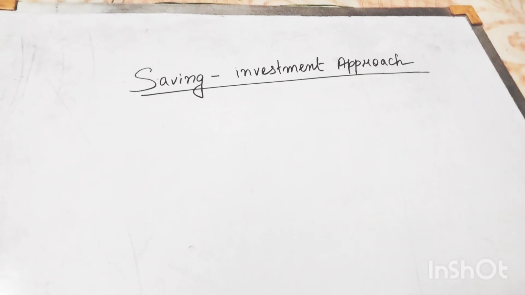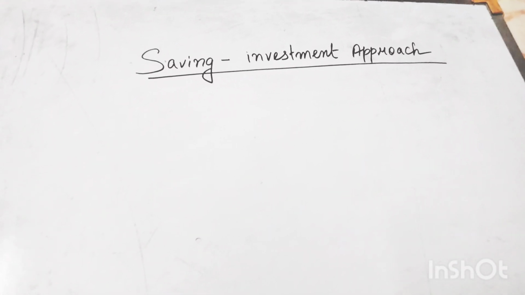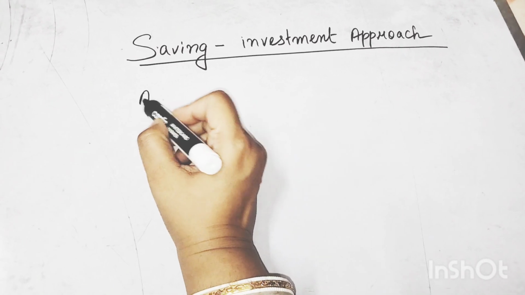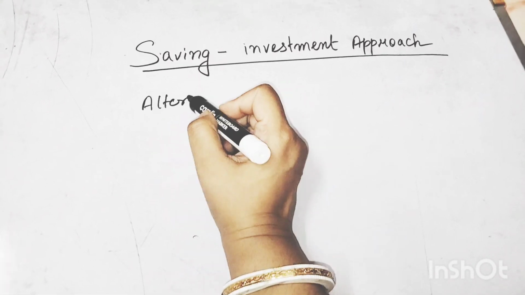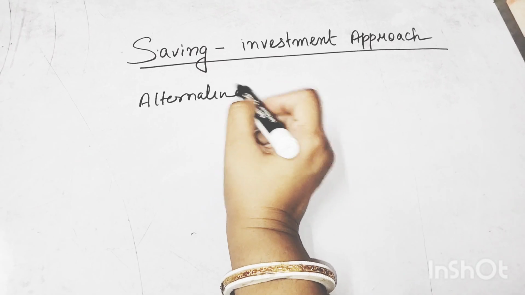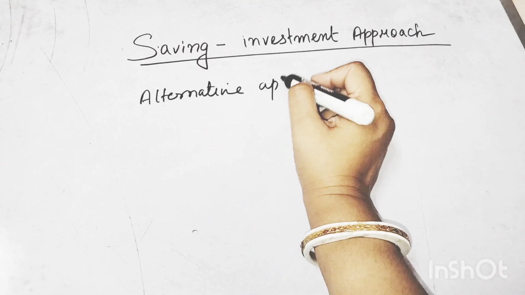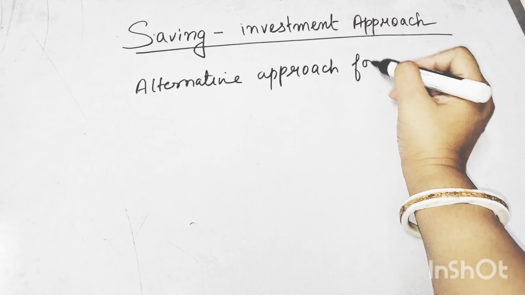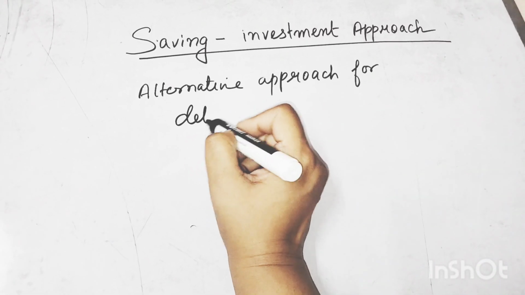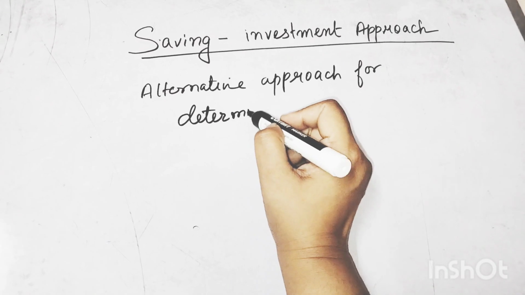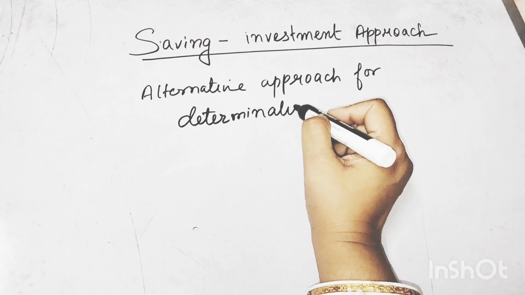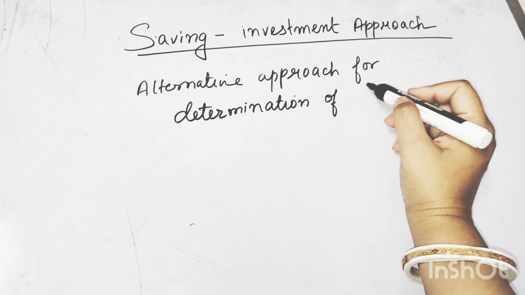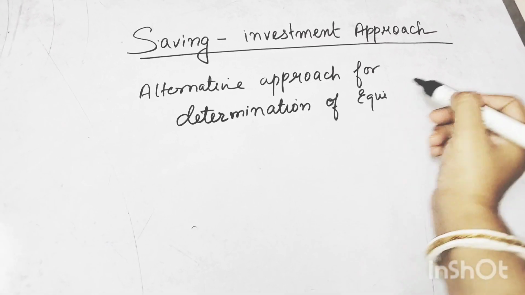Okay, so what is this saving investment approach? This is another alternative approach for determination of this equilibrium level of income.